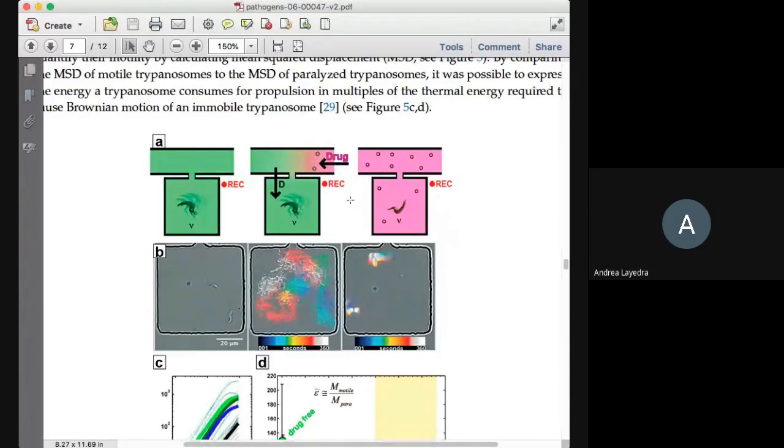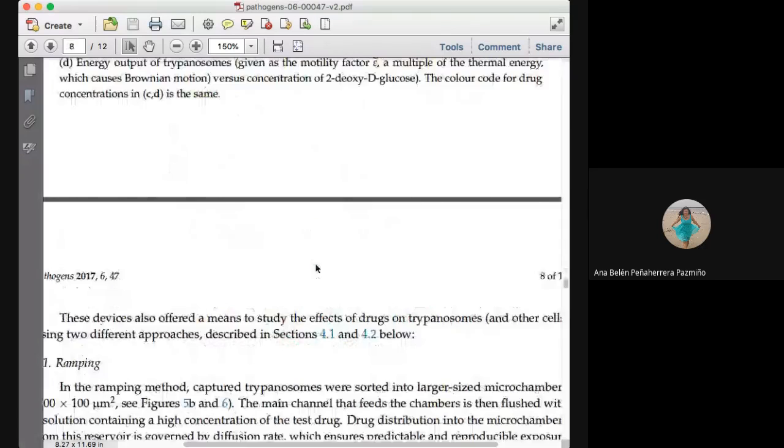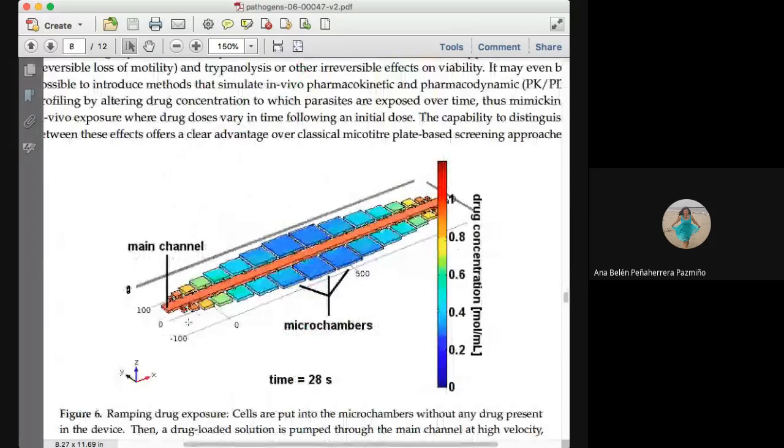They also took pictures and videos, and then compared how the motility changed when the parasite received different concentrations of drugs. This is another interesting thing that is also possible to do with microfluidics, because this is the configuration of the chip that I told you about at the beginning.